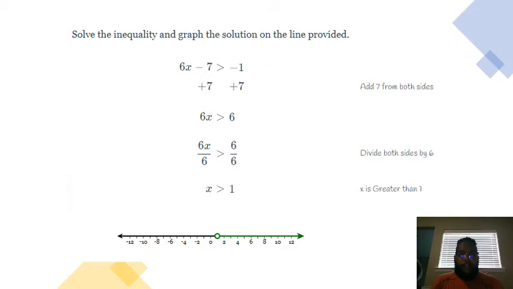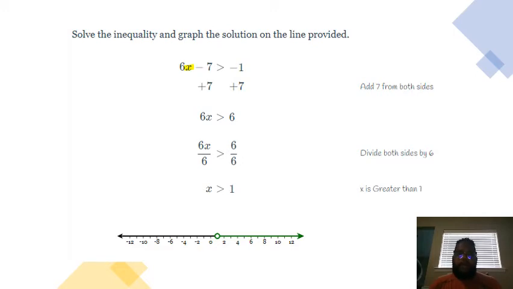Solve the inequality and graph the solution on the line provided. So we have 6x minus 7 is greater than negative 1. We're going to locate the variable. The variable is right here.